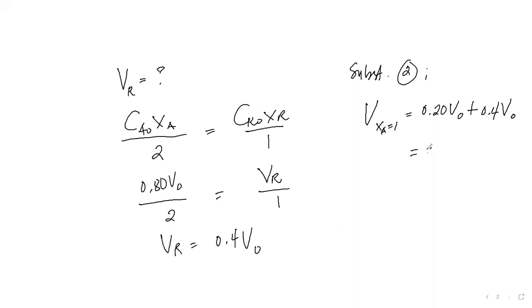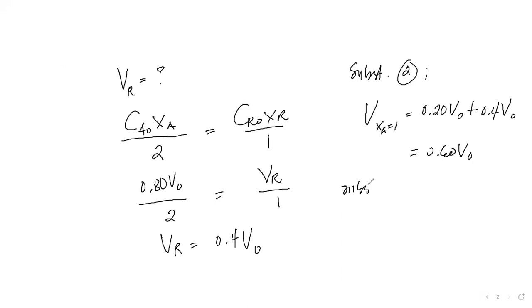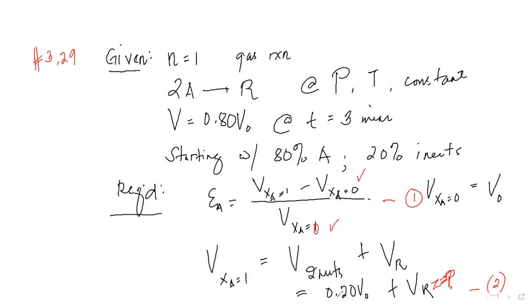So in this case, you have 0.6 V sub O. Since you already have 0.6 V sub O, you go back to the first equation and substitute. Your substitution will yield epsilon A being equal to this 0.6 V sub O. And by the way, what we have there is 0.2 plus 0.4, that would be 0.6, and that should be placed in here.